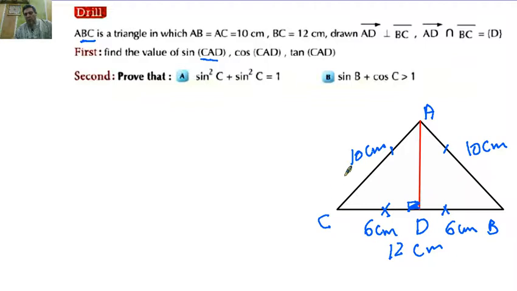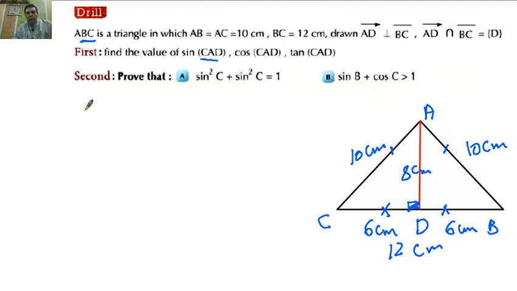Triangle ADC is a right angled triangle. We can find the length of AD by the Pythagorean theorem: 10 squared minus 6 squared, 100 minus 36 equals 64, square root equals 8 centimeters. You can do these steps.